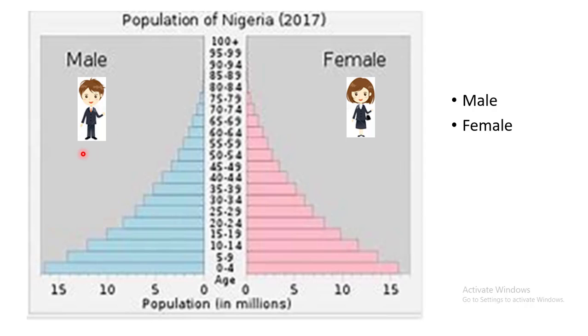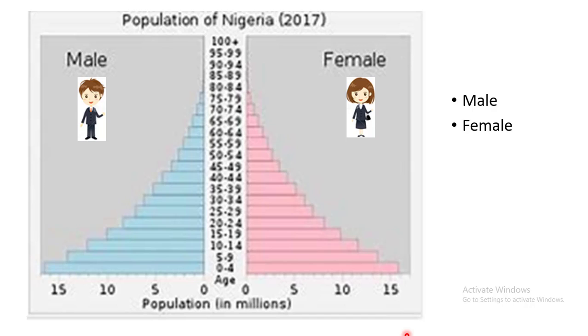What you will provide for the male child is usually different from what you provide for the female child in the school environment. There are different things you need to provide that will help the male child and the female child. And when you are planning your school environment, that is why we have to do the population census, know what is going on.